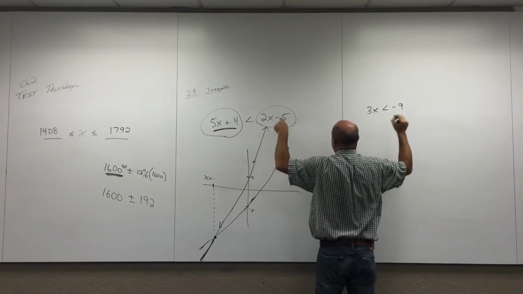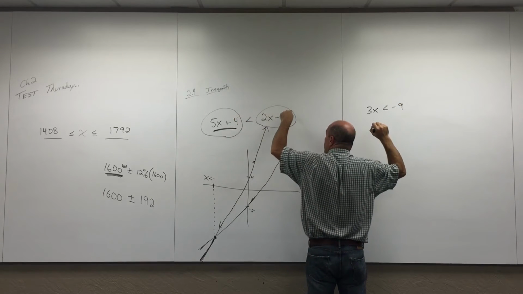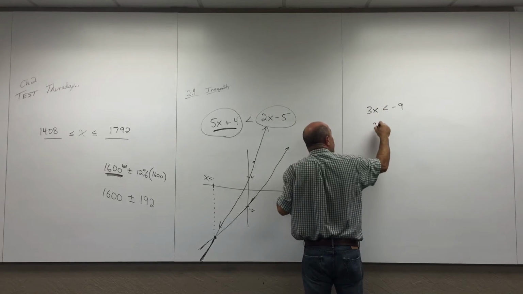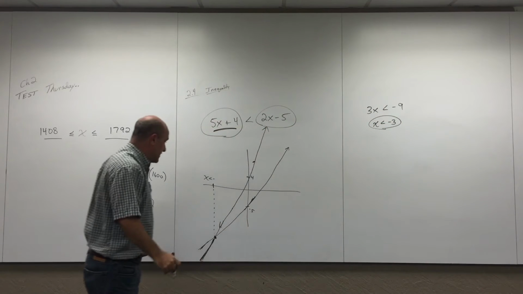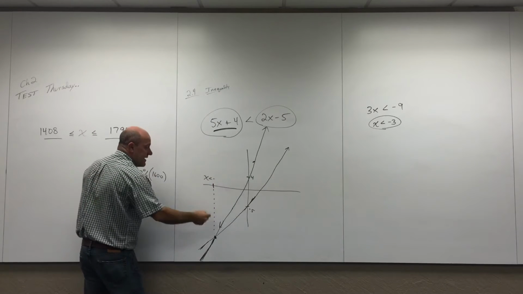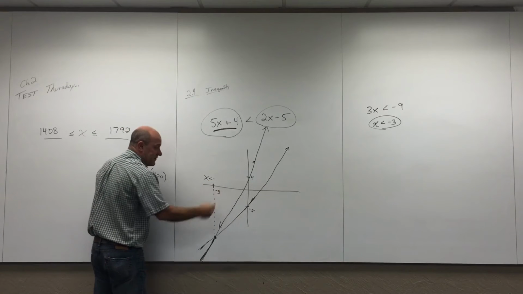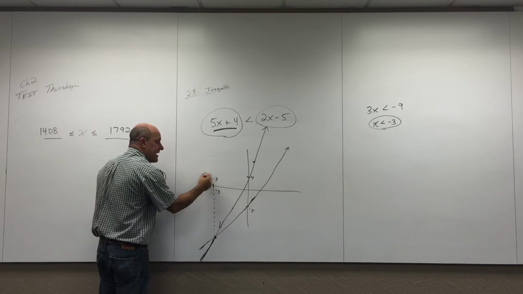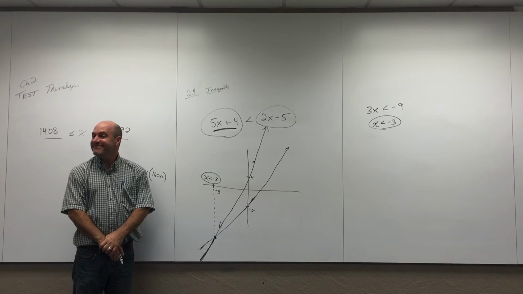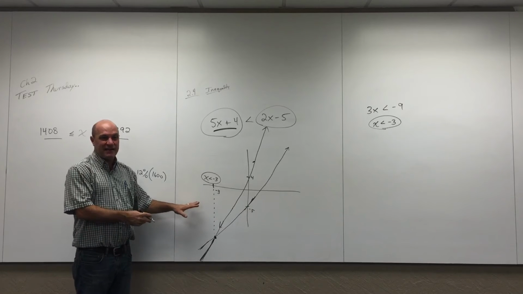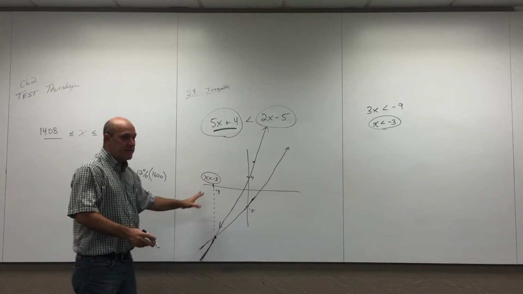That would be negative 9. Then I would divide by 3. So x would be less than negative 3. My picture sure doesn't look like that, but apparently that's negative 3. And when x is less than negative 3, that's the answer. My picture sure got distorted with my curvy lines.